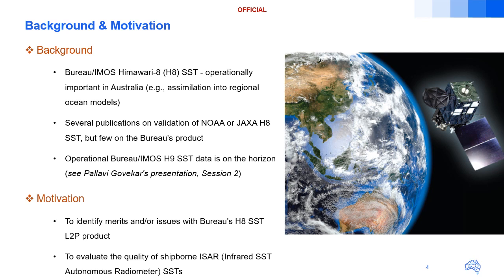Now, there are several publications on the validation of the NOAA or JAXA SST product, but there are few on the Bureau's product. Therefore, we think this work is essential, especially as the Himawari-9 SST product at the Bureau is going to be operational next year.